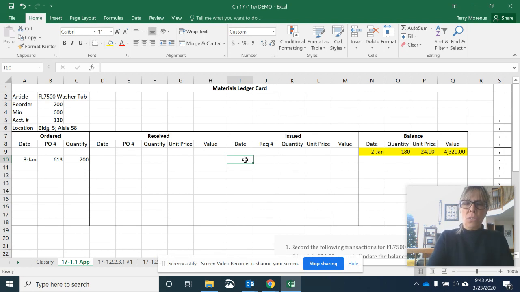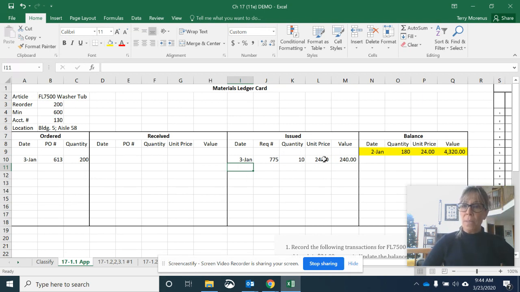All right, so this is January 3rd, same day, and the job rec is 775. And the quantity that the production folks want is 10. The unit price is still $24, and the value is simply going to be 10 times, you got it, 24. So 240.